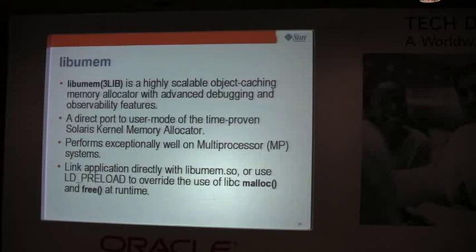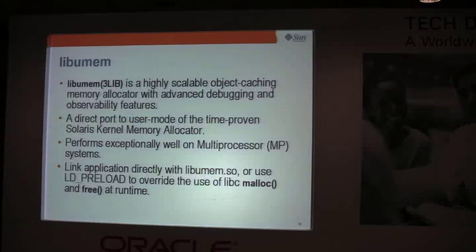So in '96, '97, we implemented a new memory allocator in the kernel called the slab memory allocator. And this is basically just a user space port of that slab memory allocator. We have one customer, you might know him, he's fairly well known in the open source community, called Ben Rockwood.